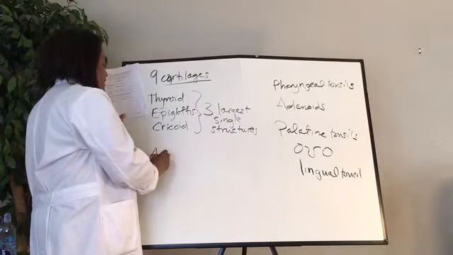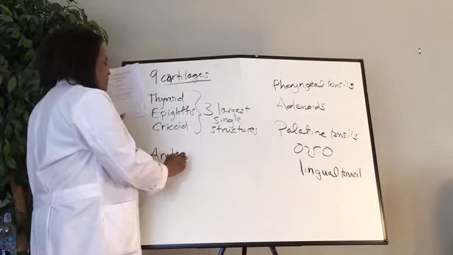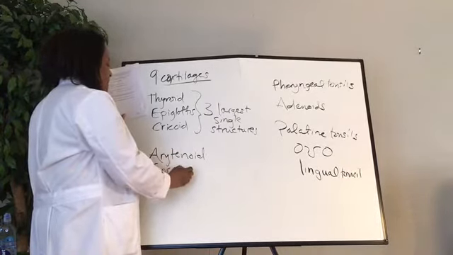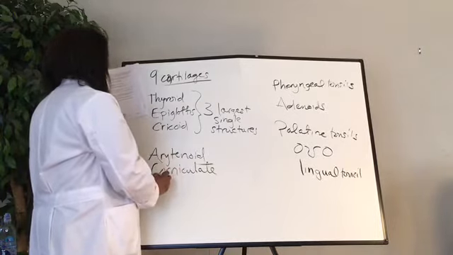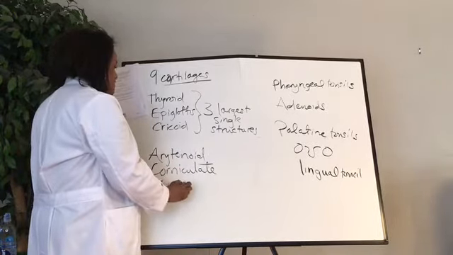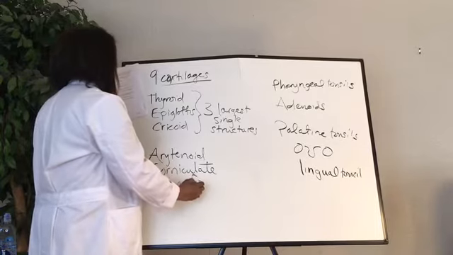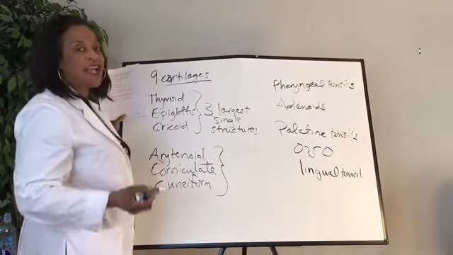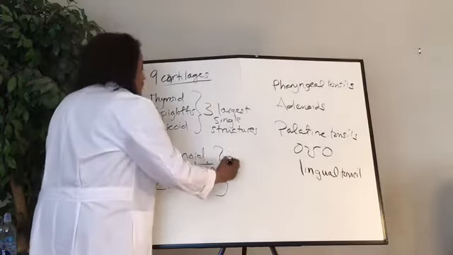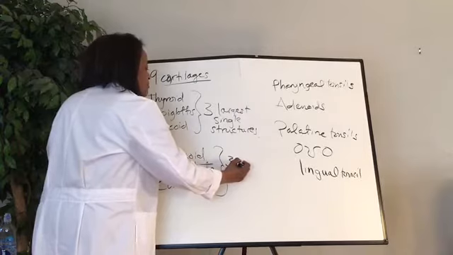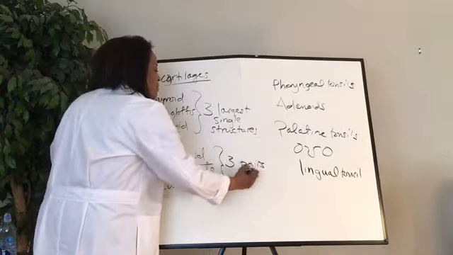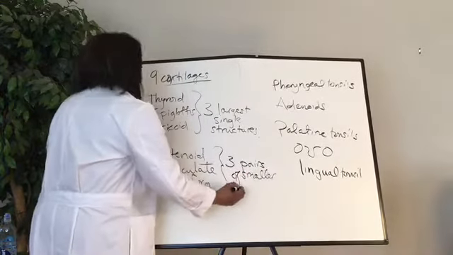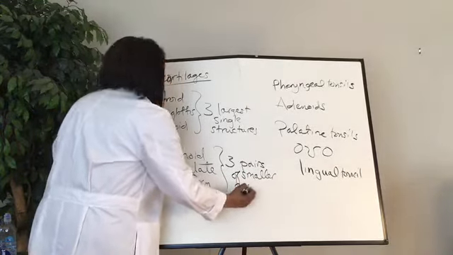Then we have the arytenoid, the corniculate, and the cuneiform. These are 3 pairs of smaller accessory cartilages.